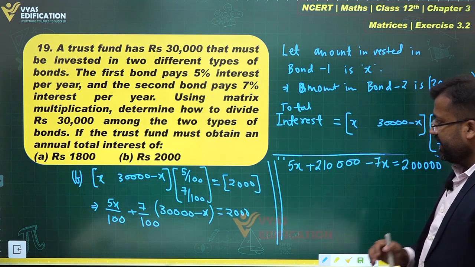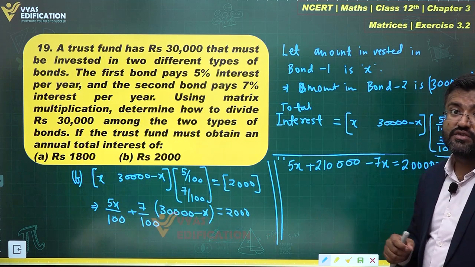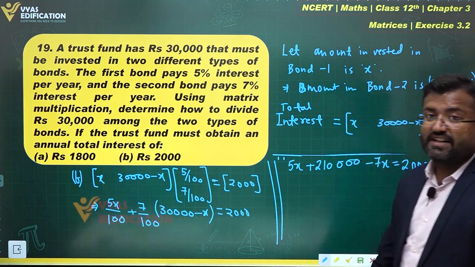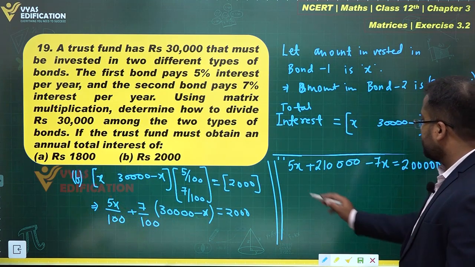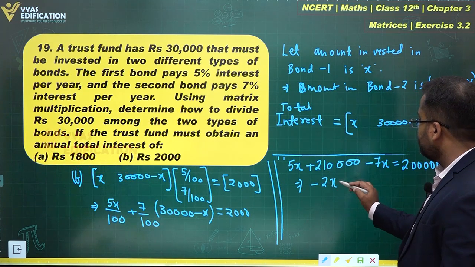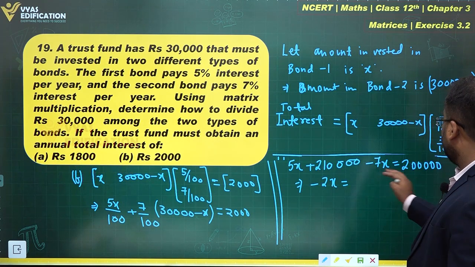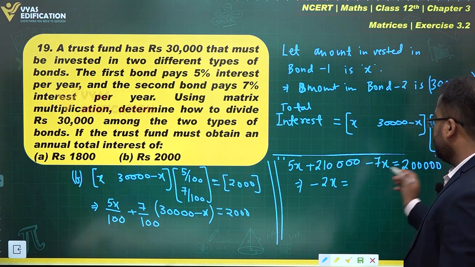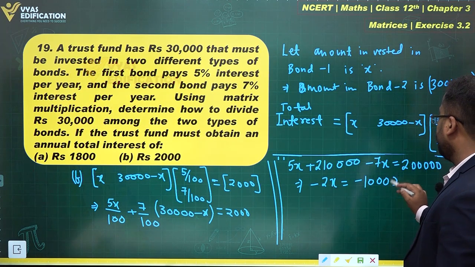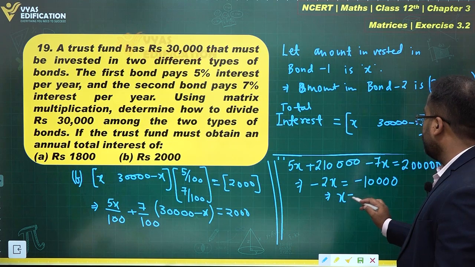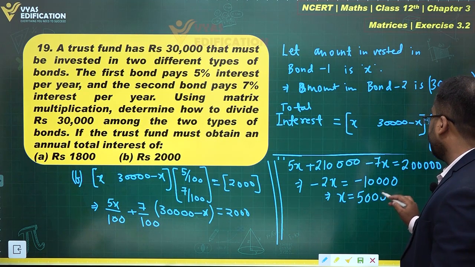There are 5 zeros on the right hand side, right? This 100 comes on the right hand side. So this is giving me minus 2x is equal to 2 lakh minus 2,10,000. This will be minus 10,000 actually. And from here, the value of x that you obtain is simply 5,000.